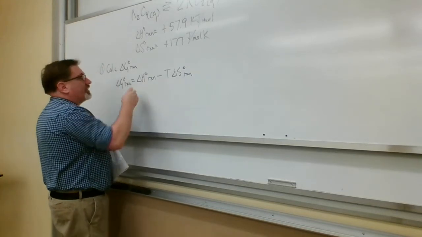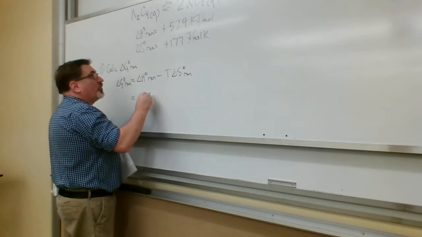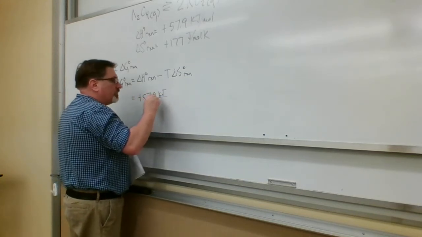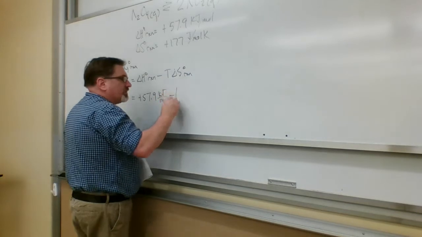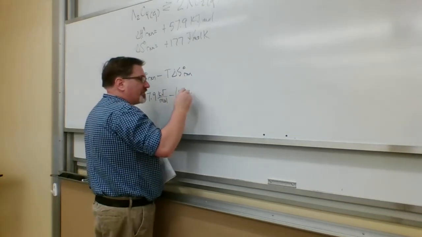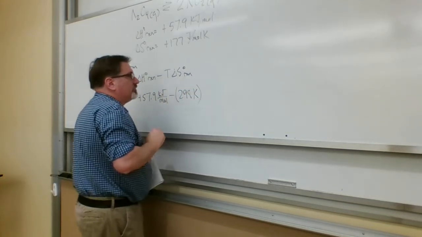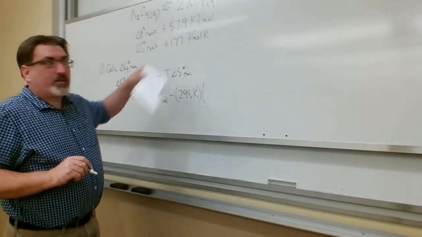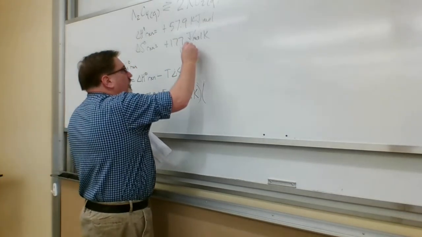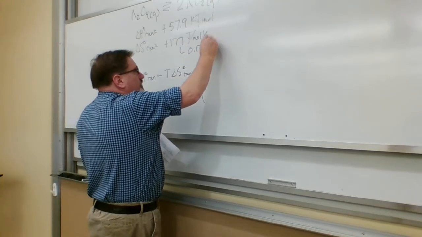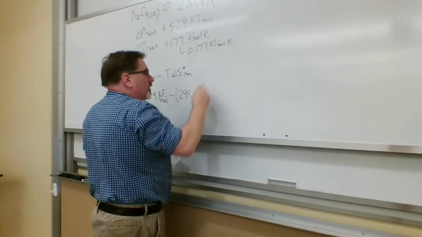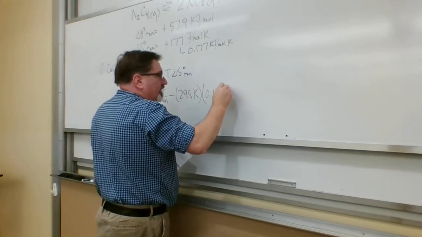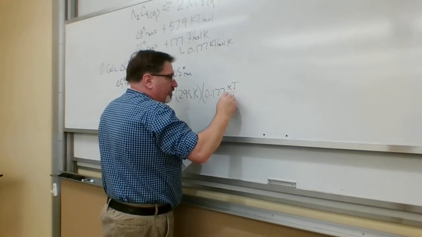So delta H for the reaction is plus 57.9 kilojoules per mole minus 298, because it's at standard conditions, 298 Kelvin, times our entropy, which has to be in kilojoules per mole Kelvin, 0.177 kilojoules per mole Kelvin.